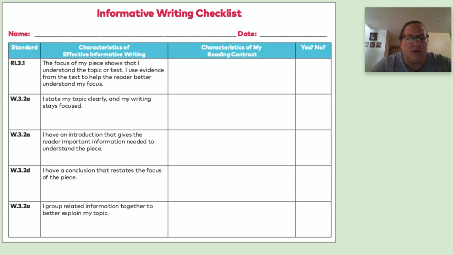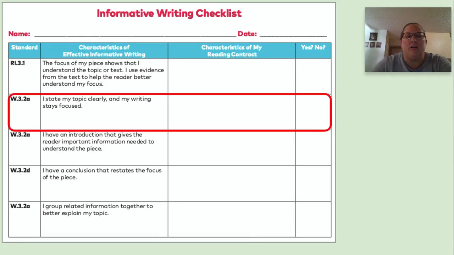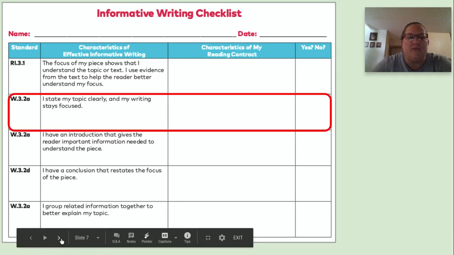I have a conclusion that restates the focus of the piece. And I group related information together to better explain my topic. So remember, we're working on our introduction, so we're definitely going to be focusing on this part of our checklist, okay? This is where we are focusing first and foremost of importance, correct?